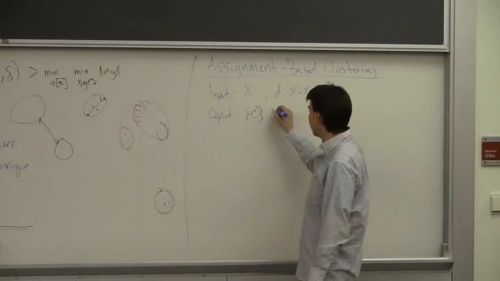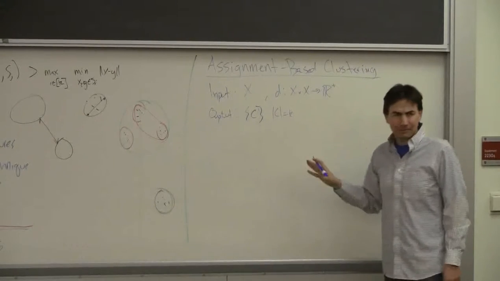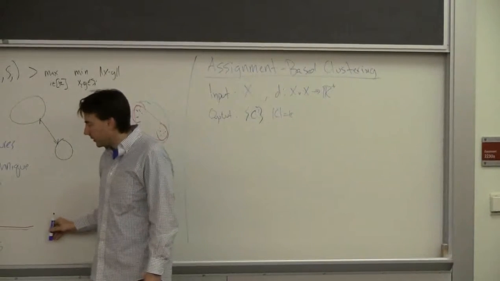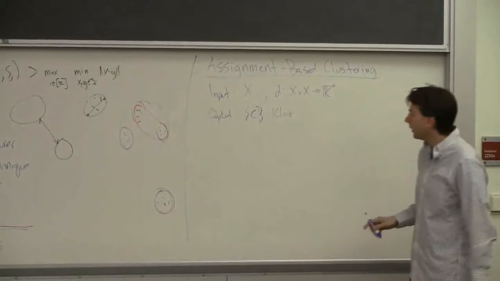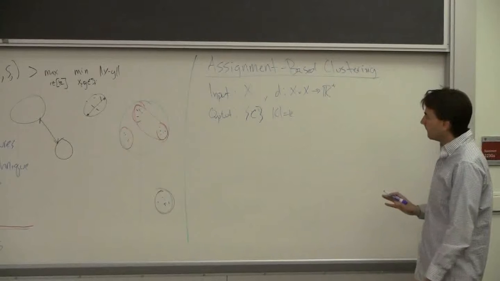And the C is going to have some size k. If you don't know k, you can run the elbow method backwards to try and find a good k. So you're going to go back the other direction now.